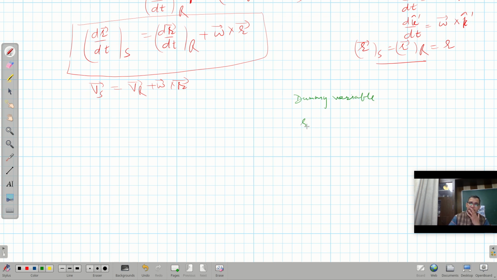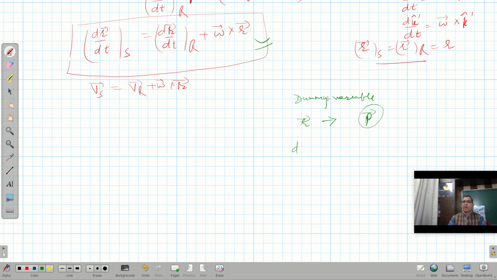Say, in place of r, as we are putting here, if we have another vector, and say that vector is a p vector, which is seen from any frame of reference.